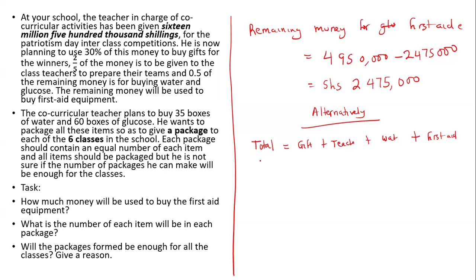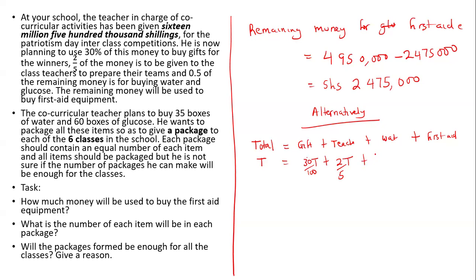Now, the total contribution, let me call it T, will equal the gifts, which is going to be 30 out of 100 of T, plus the teachers, which is going to be 2 out of 5 T, then plus the water.